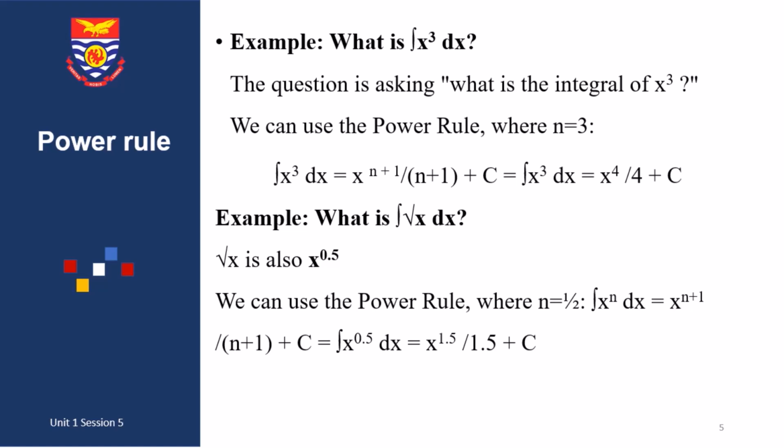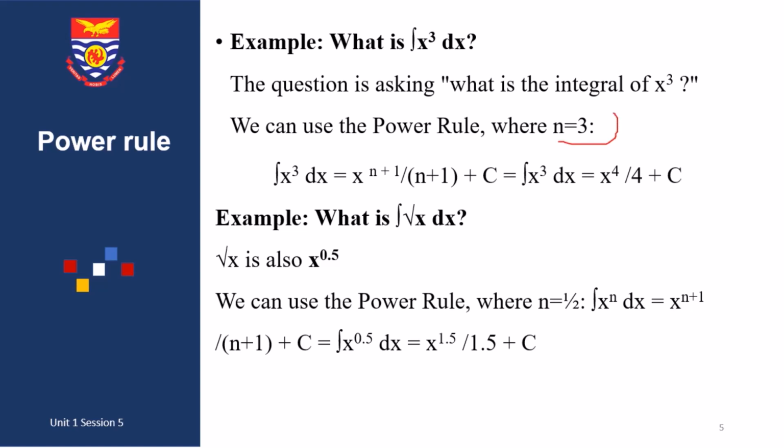If we have a function x squared, what will be the integral form of this? Or if we intend to integrate, what will be our integration? So the question is asking, what is the integral of x to the power 3? We can use the power rule where n is equal to 3.